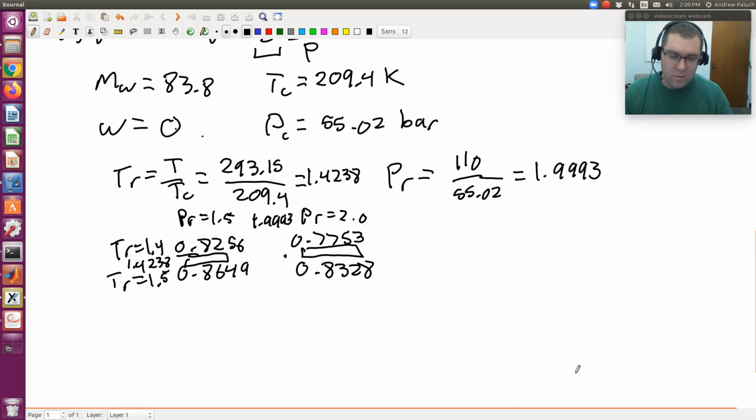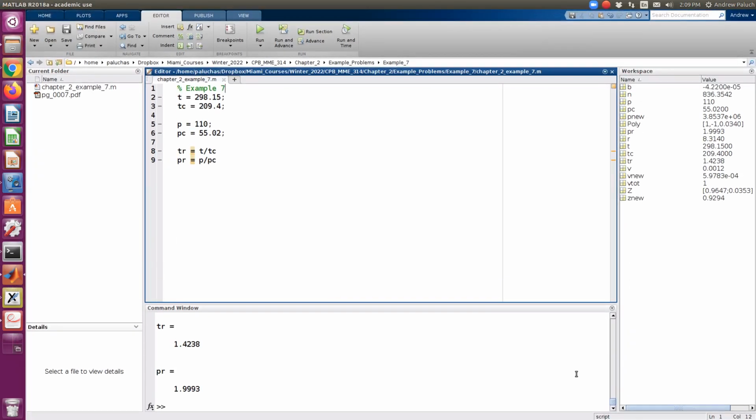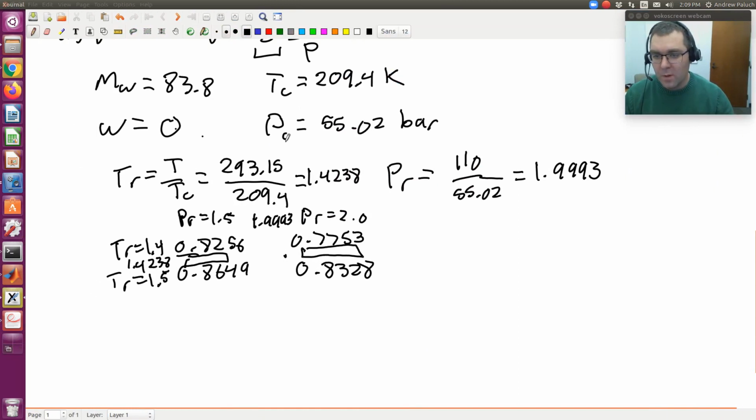So let's take this in steps. Okay, so I'm going to pop MATLAB down. And let's call this just part 1. And so I'm going to interpolate with respect to temperature.